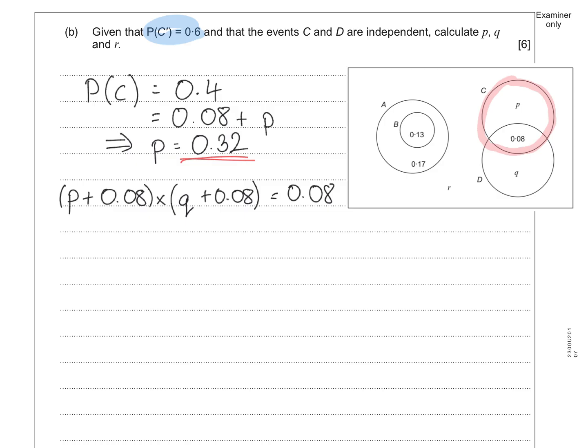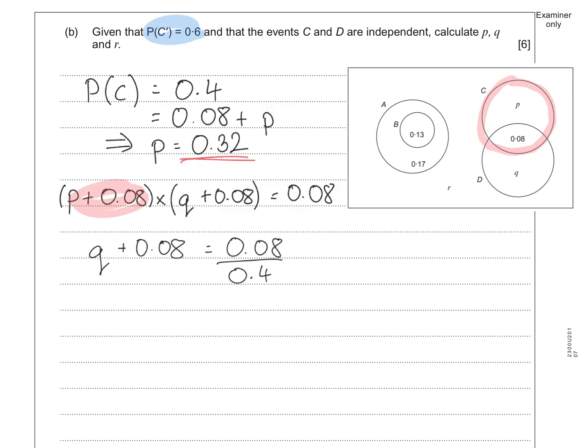Now, you could do all of the multiplying out and everything, but if you want to be clever about it, think about what we just did, we know that that bit there is equal to 0.4. Okay, so in fact that's the more sensible way to do it. So you can say that Q plus 0.08 equals 0.08 over 0.4.